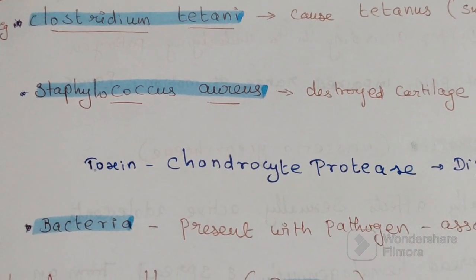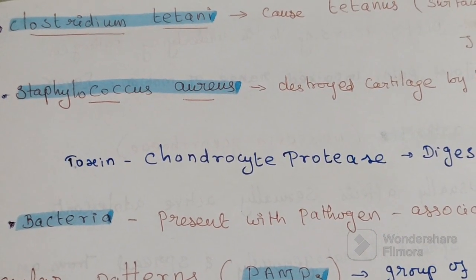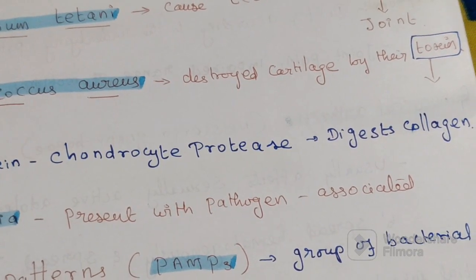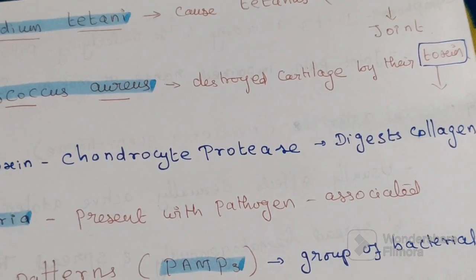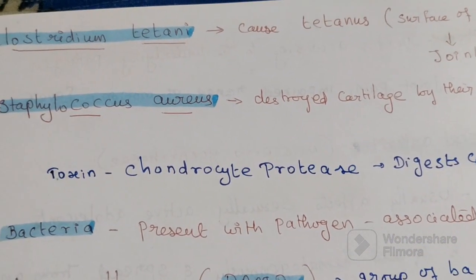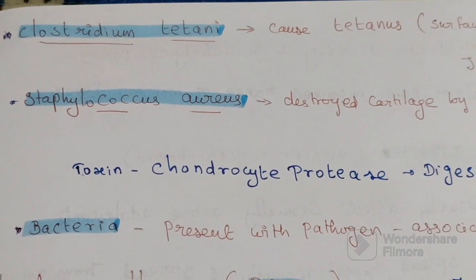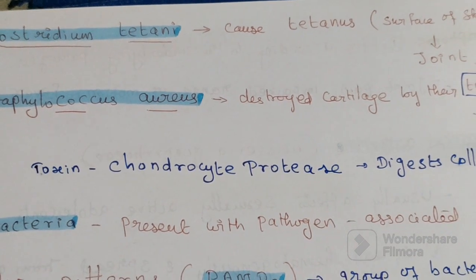Then Staphylococcus aureus. First, Clostridium tetani will enter through broken skin. The second bacterium is Staphylococcus aureus.